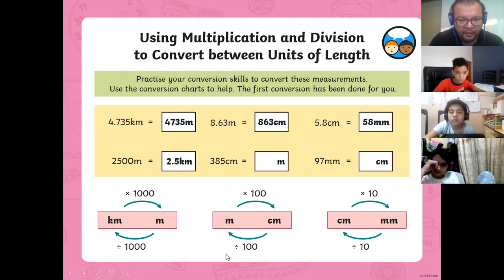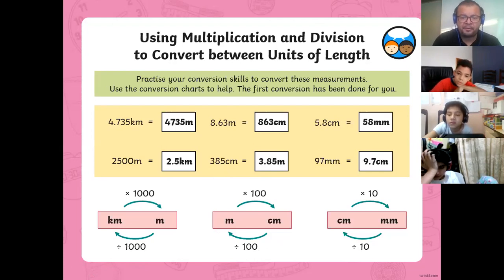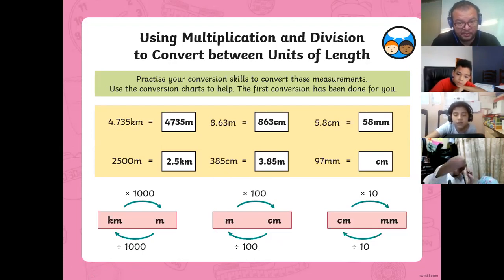So I divide it by 100. That's it. 3.85 meters. And the last one, 97 millimeters to centimeters, it's only 9.7 centimeters.